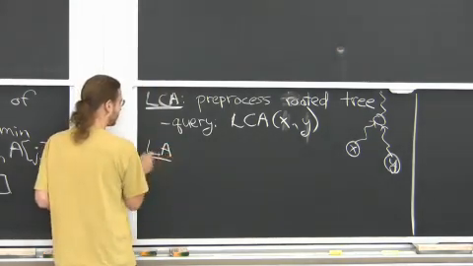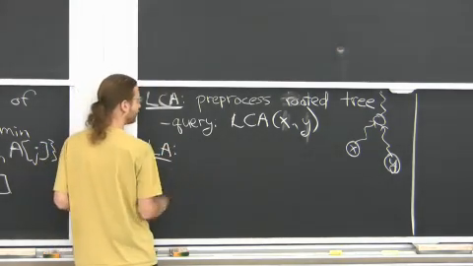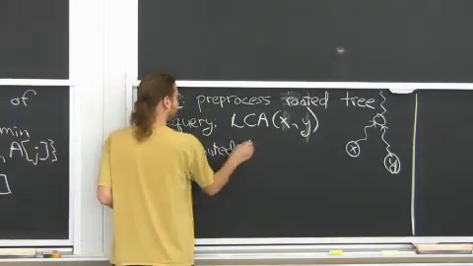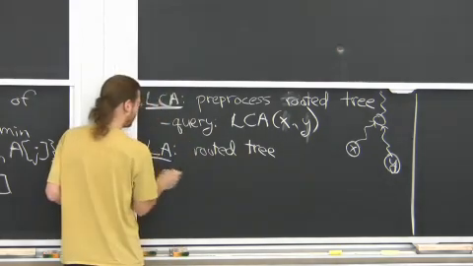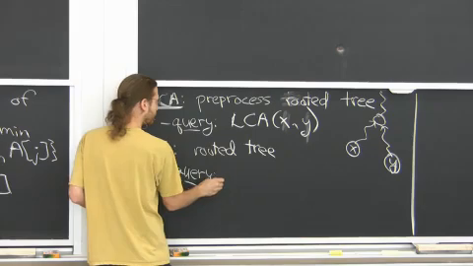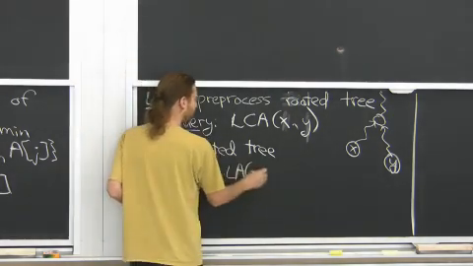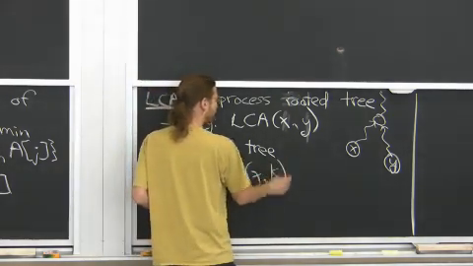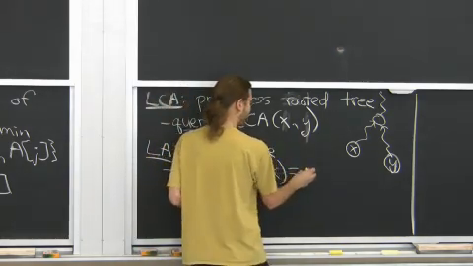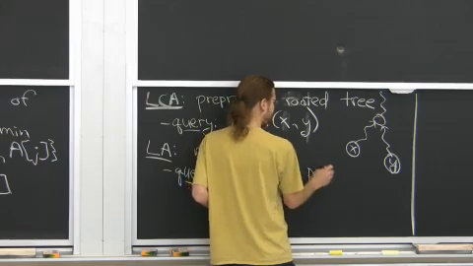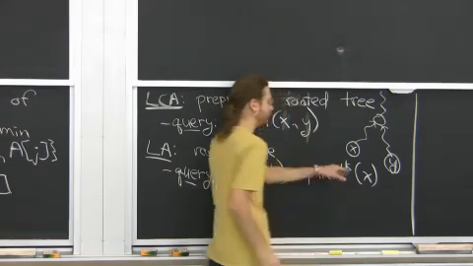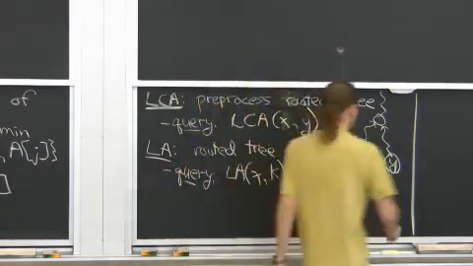And then another problem we're going to solve is level ancestor, which again, pre-process a rooted tree. And the query is a little different. Given a node x and an integer k, positive integer, I want to find the kth ancestor of that node, which you might write parent to the k, meaning I have a node x.